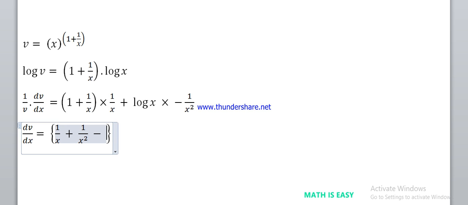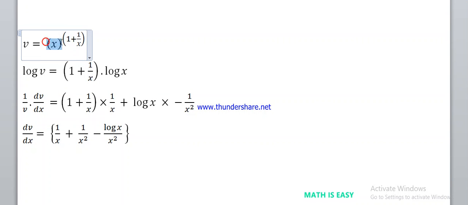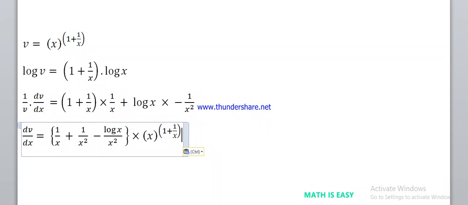Then I'll get minus, this is plus and this is minus, so you are going to get log x upon x square. Here this 1 by v will come as a product of v, so in place of v, I am going to replace the same term.